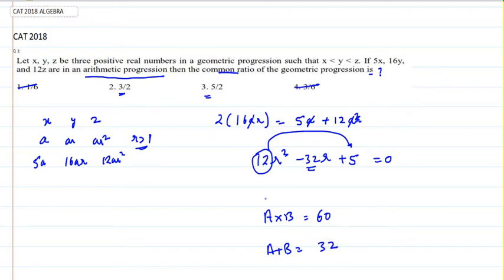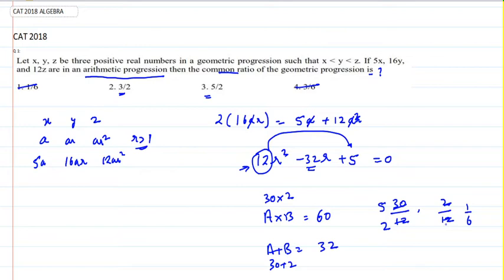So this appears to me as 30 into 2 and 30 plus 2, but these are not your roots. The roots are 30 by 12 and 2 by 12. This coefficient that you multiplied at the end will be brought back to divide these terms. This is 6 into 5, 6 into 2, and this is 1 by 6.